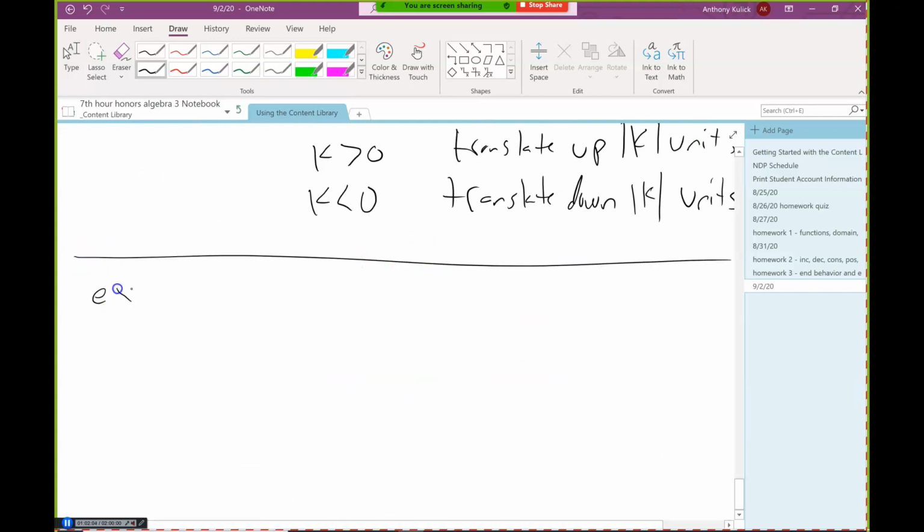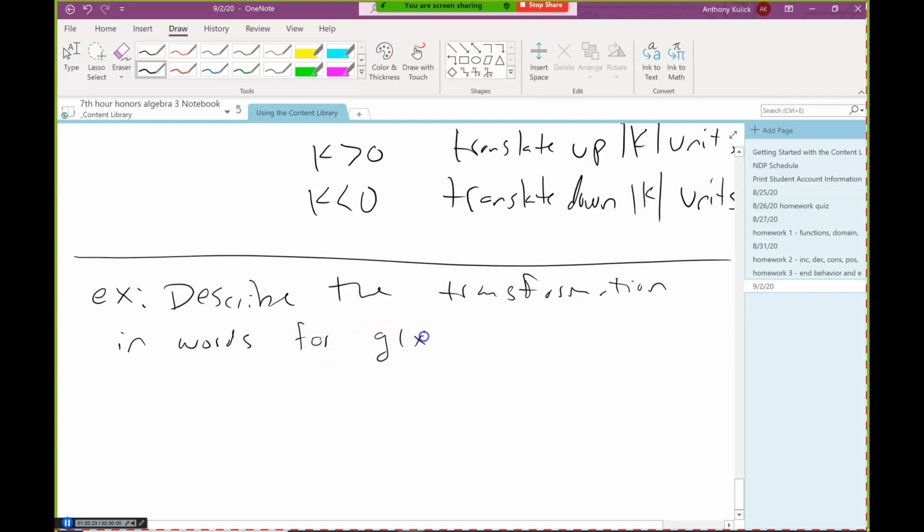Okay, so let's do an example here. We're asked to describe the transformation in words for this function g of x.